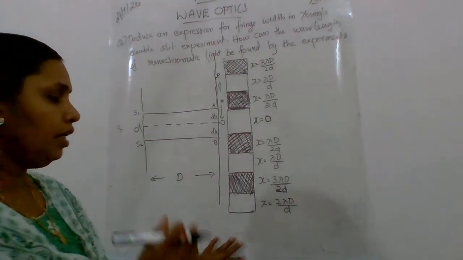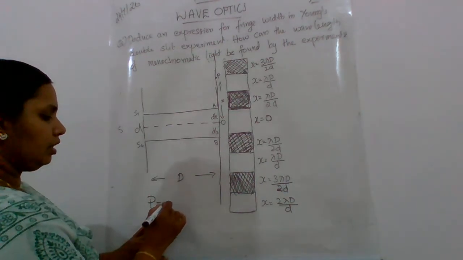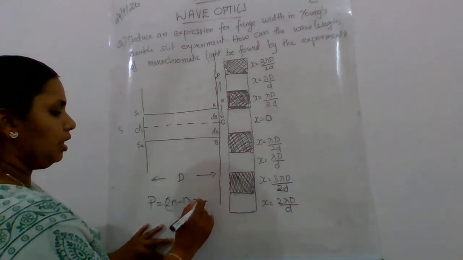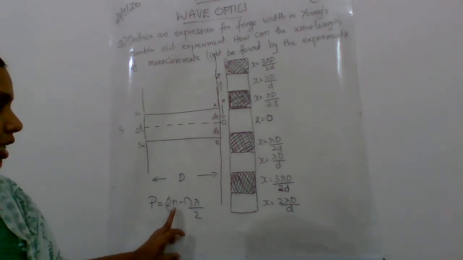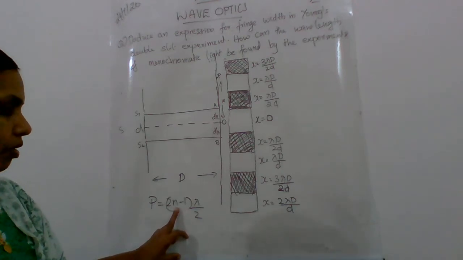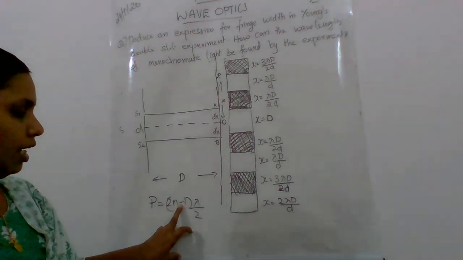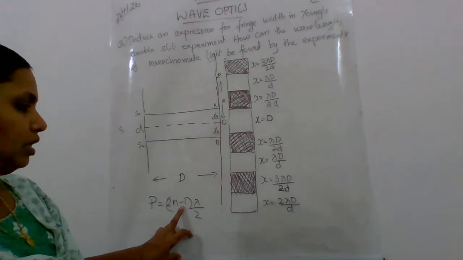And in some textbooks, for the case of dark, the path difference is taken as (2n minus 1) lambda by 2. In such cases you start with n is equal to 1. If you are taking plus, n is equal to 0. So some books follow it like this. It doesn't matter.